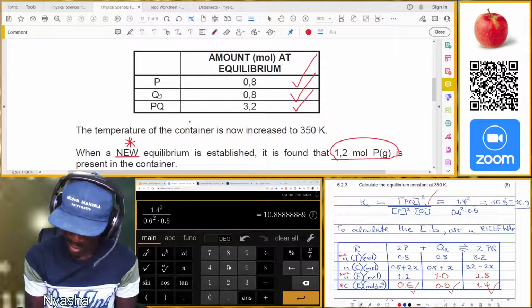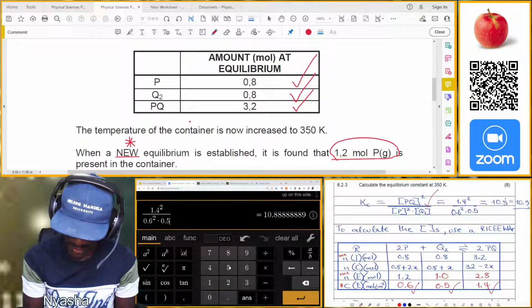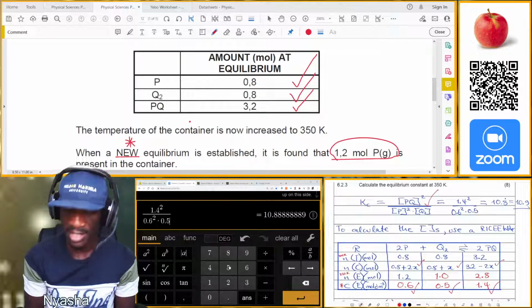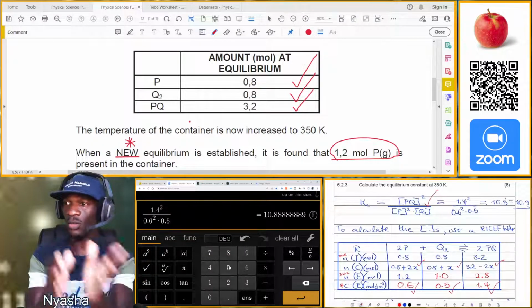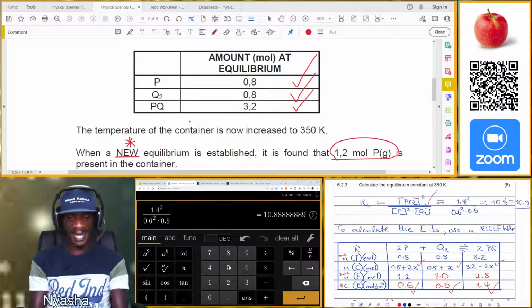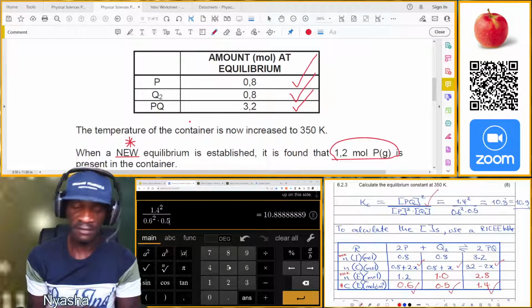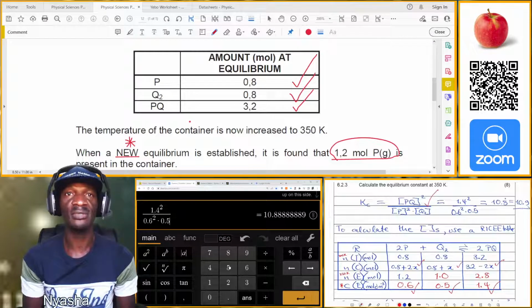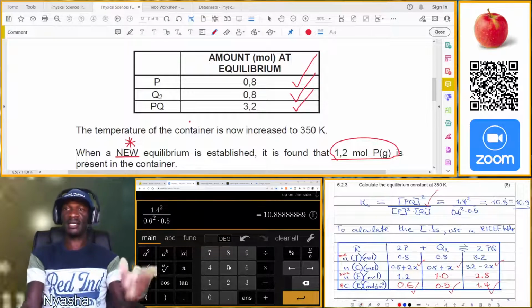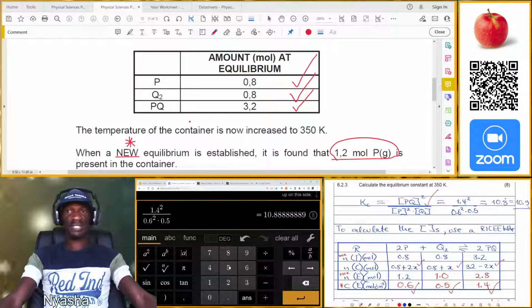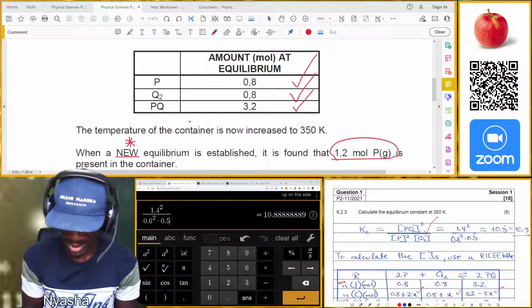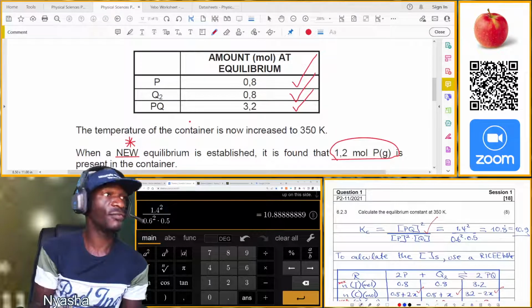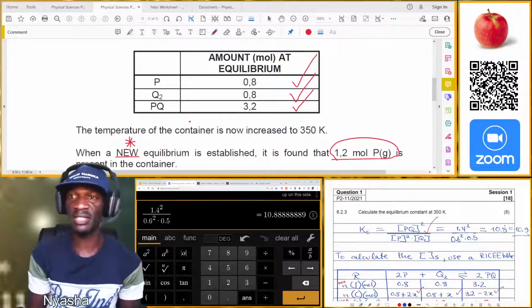Then the molar changes are going to be important, and they are based on the stoichiometric ratios. So you need all the aspects of this rice table in order to fill in all the values into the chemical equilibrium calculation, thereby getting your answer for the chemical equilibrium constant, in this case, which is 10.9.